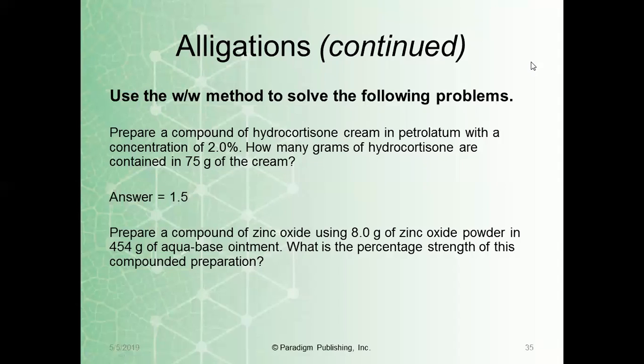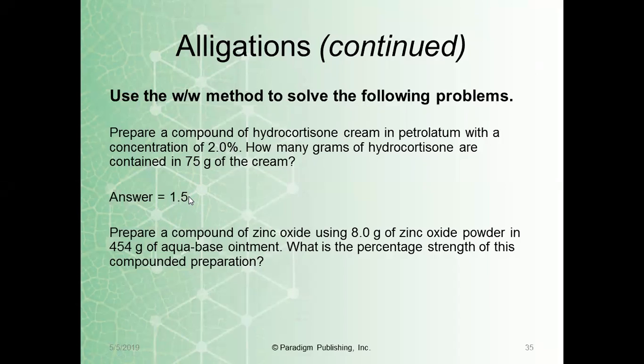So basically, you are multiplying 75 grams times 2%. So you would convert the percent to decimals. So move the decimal 2 spaces to the left, and multiply that by 75. So 75 times 0.02 will give you 1.5 grams.